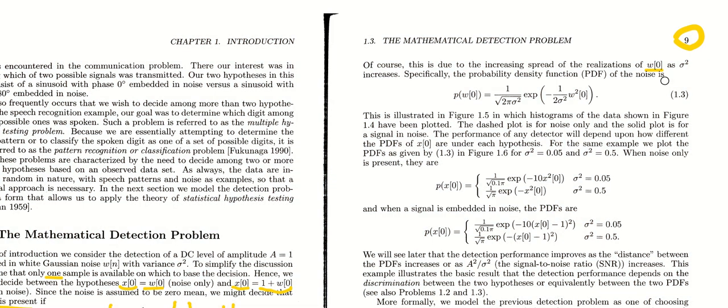If we write the probability density function, it is going to be something like this. It's a Gaussian distribution, with square root of 2 pi sigma square in the denominator, and minus 1 over 2 sigma square times W0 in the exponent. So this is a Gaussian distribution.